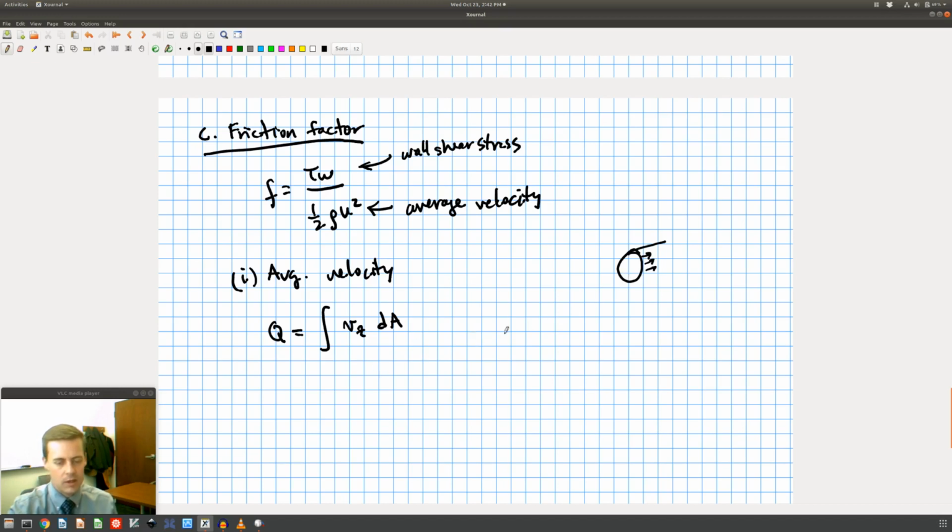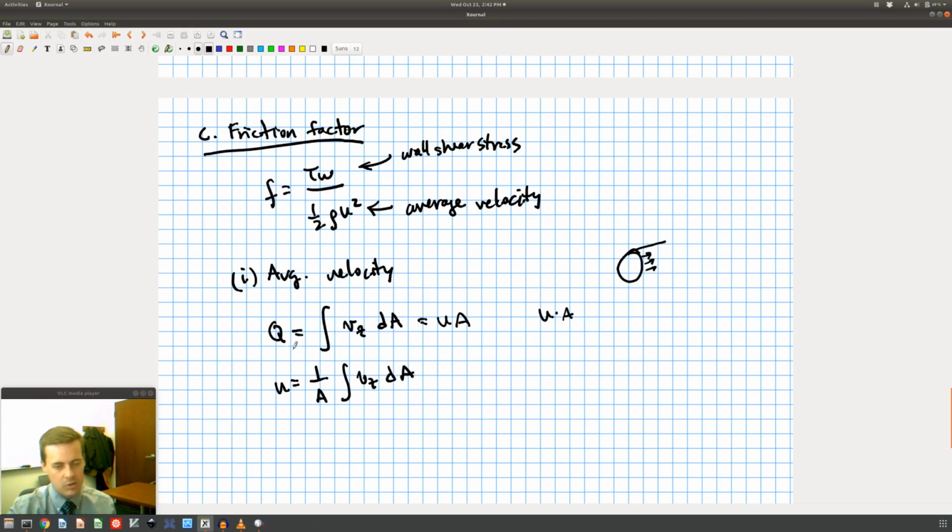That'll give me my flow rate. This is kind of like saying U times A, right? But now I want to get all of the different velocities. Okay? So now if I want this, I said this is true. Q equals UA. So if I divide both sides by A, I get U. So that will be U is 1 over A integral of Vz dA.